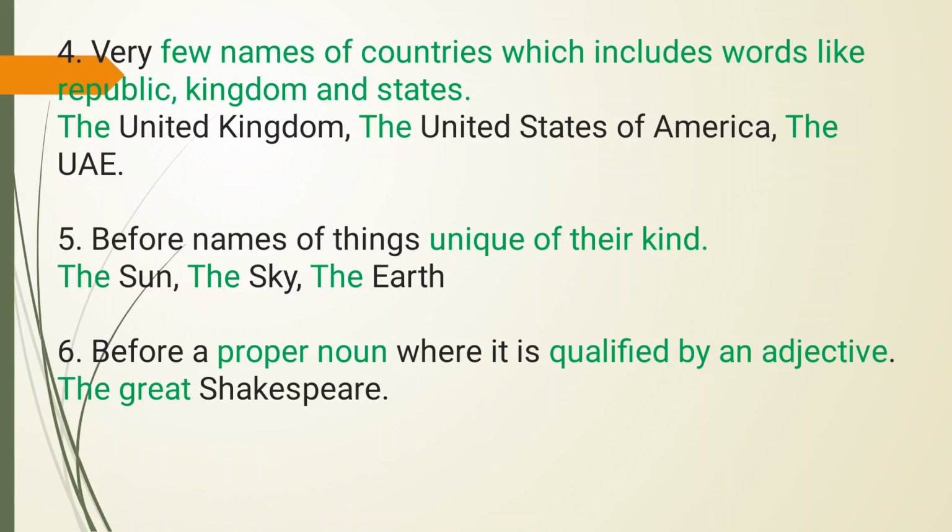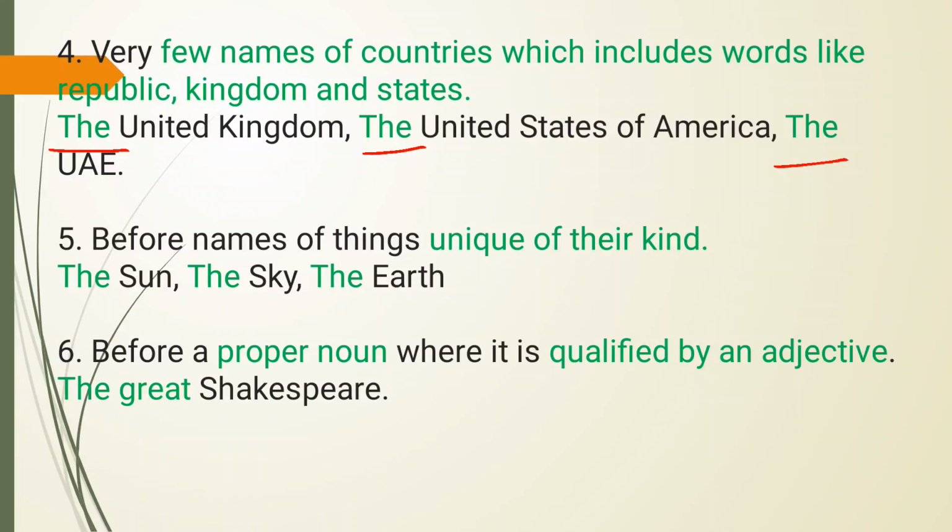Here you can see the examples: the United Kingdom, the United States of America, the UAE, and there are so many more examples: the Bahamas, the Central African Republic, the Philippines, the Netherlands. So, whenever you come across the name of a country which has a political title in its name, or if it refers to a group of islands, then we will be using the definite article the.